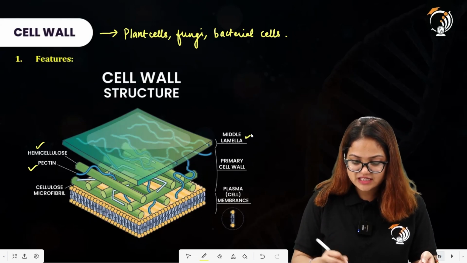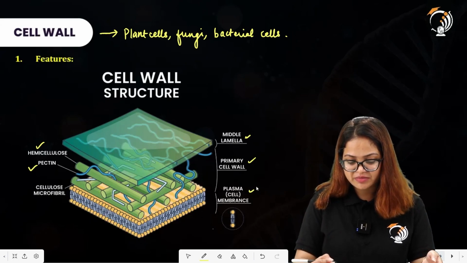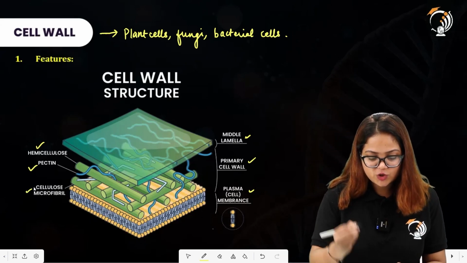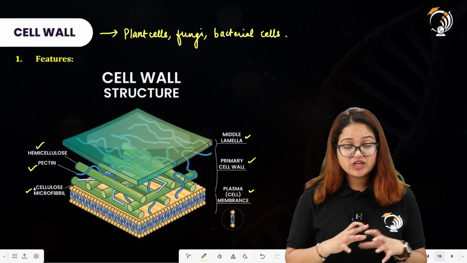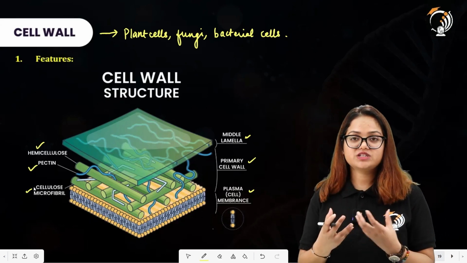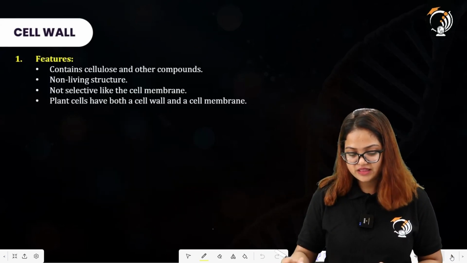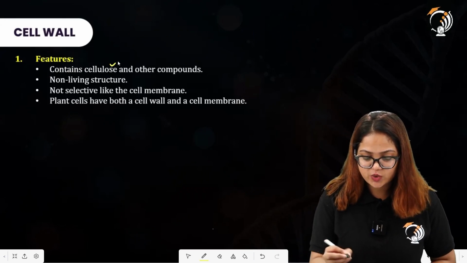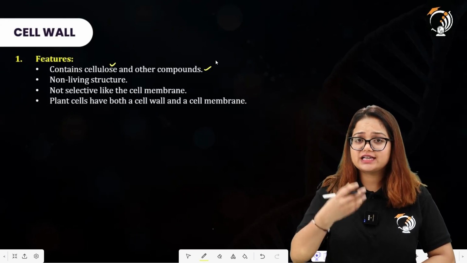The middle lamella is there, the primary cell wall, and the plasma or cell membrane is also represented here. Cellulose microfibril is there. So we will just have this overview of how a cell wall structure looks. Beginning with the features and functions of the cell wall: it contains cellulose and other compounds. What are these other compounds?